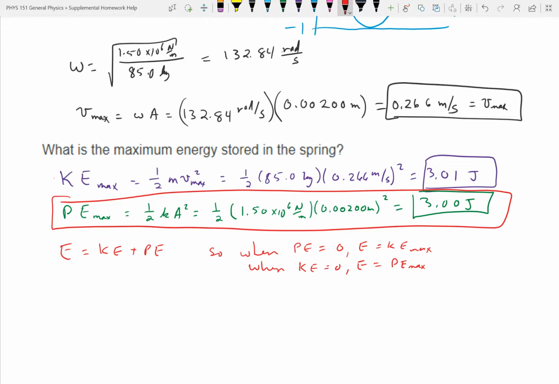Actually, 85 times 9.8 times 0.002 is probably not insignificant compared to 3. Yeah, it's 1.66.